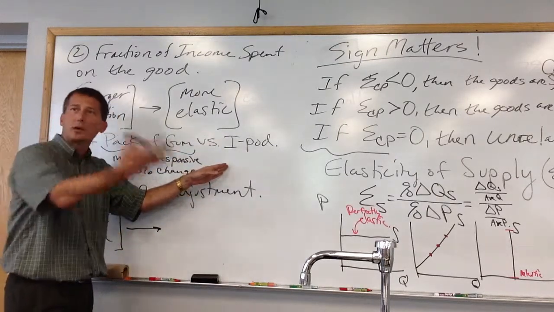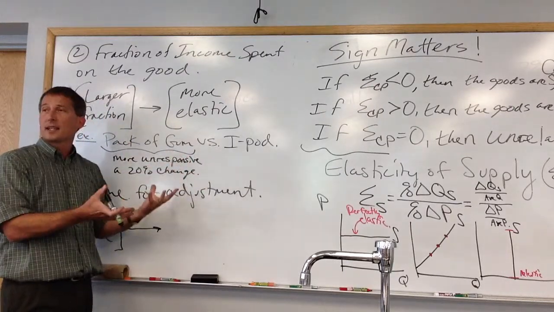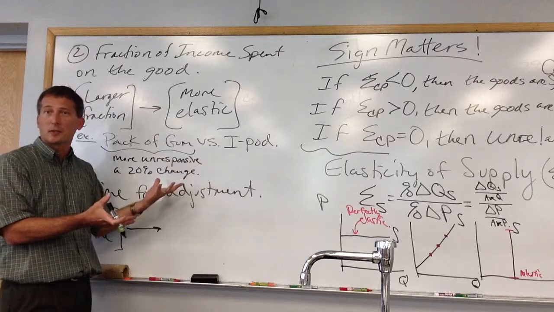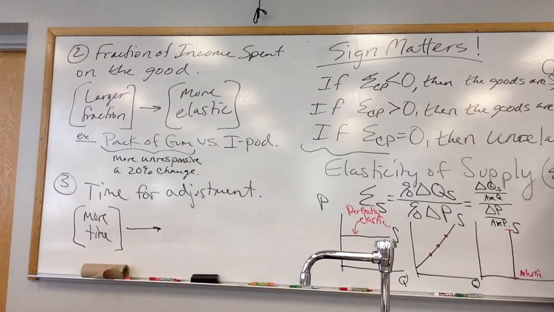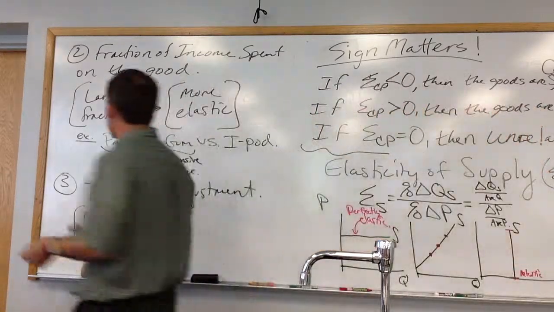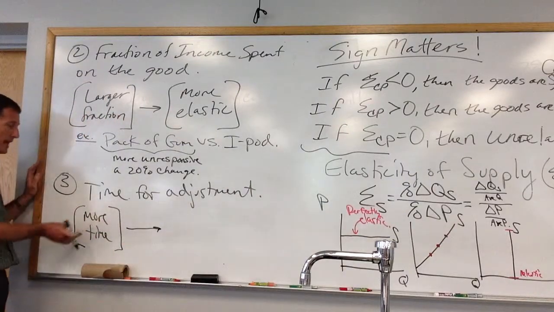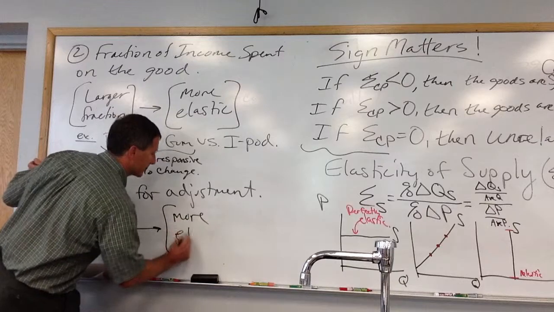If you've got plenty of time and you're facing a substantial increase in price, what are you going to search for? A substitute. So it ties back into this one a bit. The more time we allow you to search for substitutes, the more you're going to do that. So more time leads to a more elastic demand.